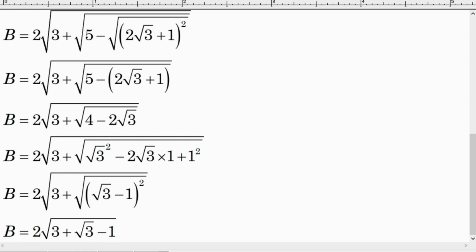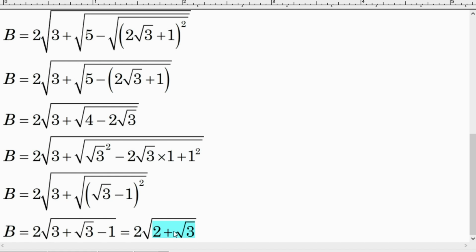Okay, so then equal to 2 square root of 3 minus 1 equal to 2 plus square root of 3. Okay, so for this kind of question, we need to simplify the square root again. And if we can simplify it, at least we have to make the number under the square root to be a perfect square again.